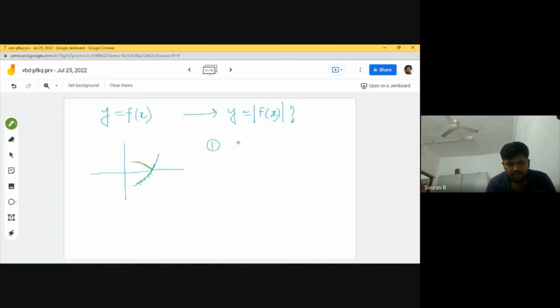So I will write the rule for how we can get it. If y greater than 0, keep it as it is.